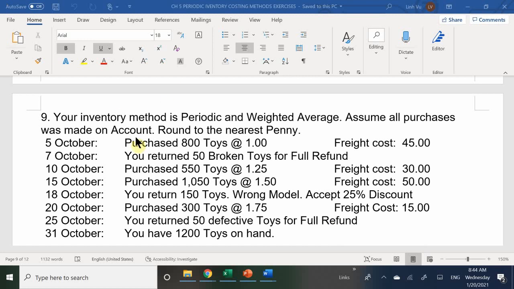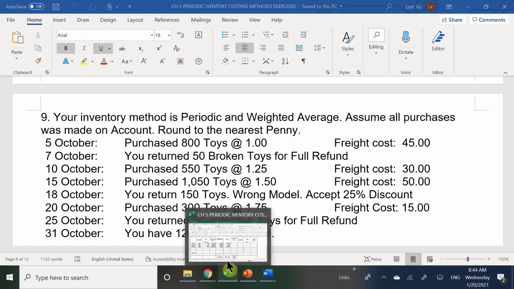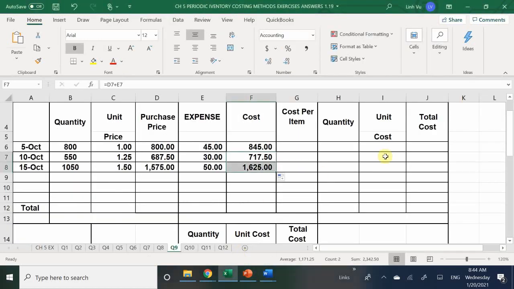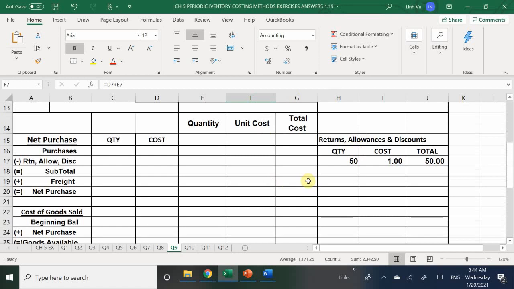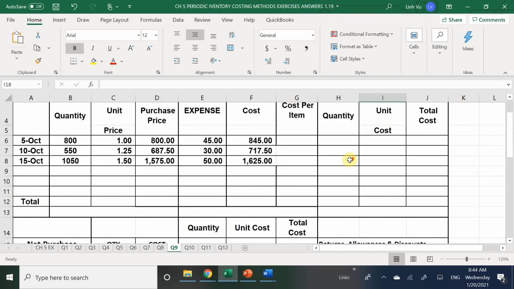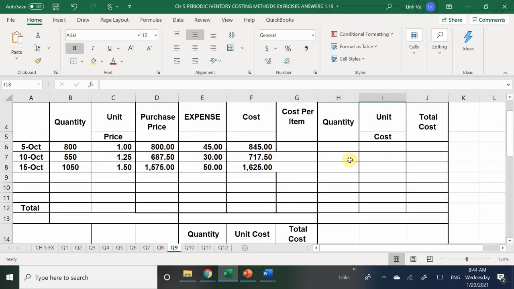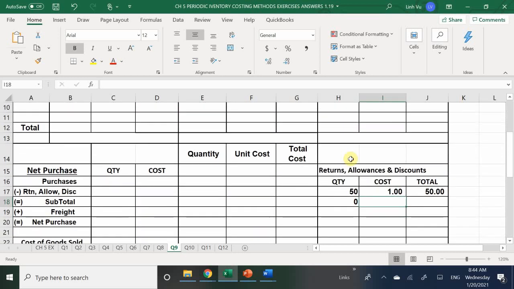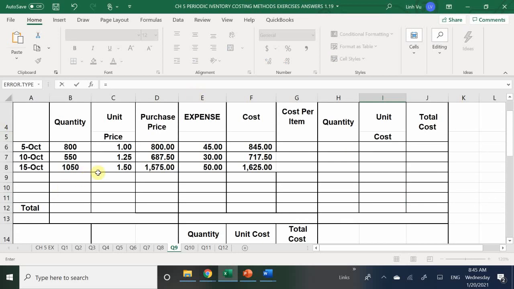How much are we actually returning? 150 toys. And what's the total cost? $56.25.